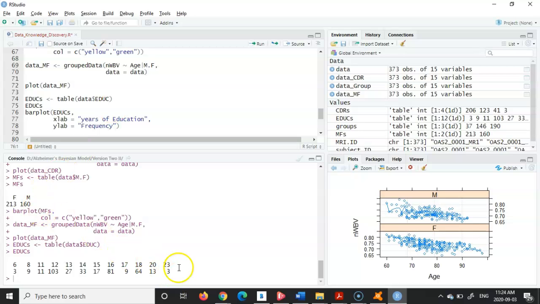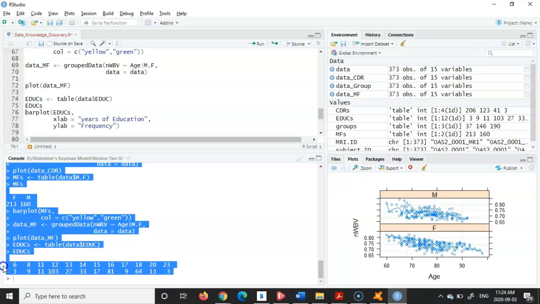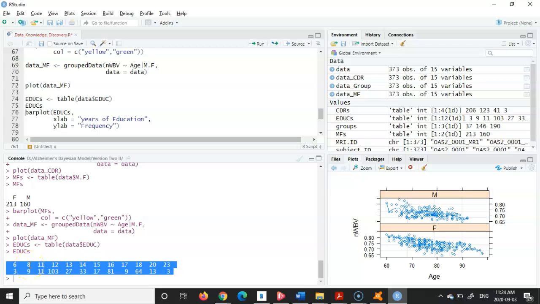You see here on the console that, for example, if people have been in school for only 6 years, we have 3 participants, and we also have 3 participants if they have spent 23 years at school, and in between we have 8 to 20 years of school for the participants.